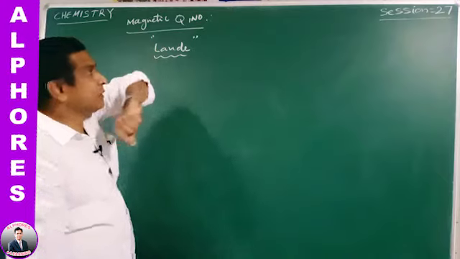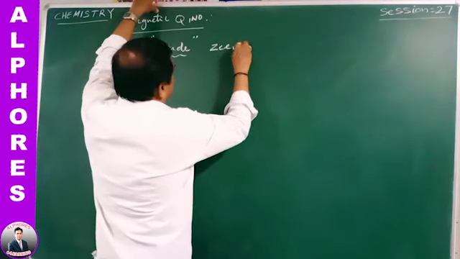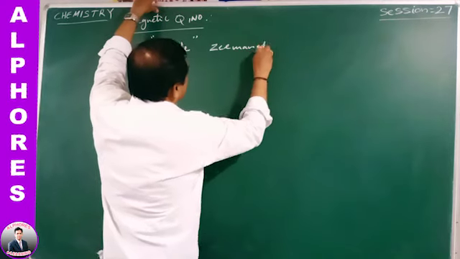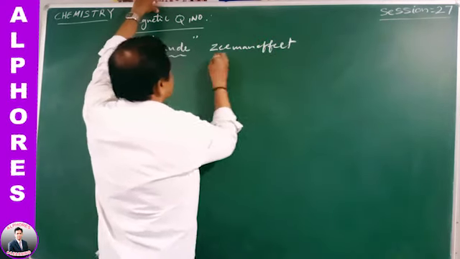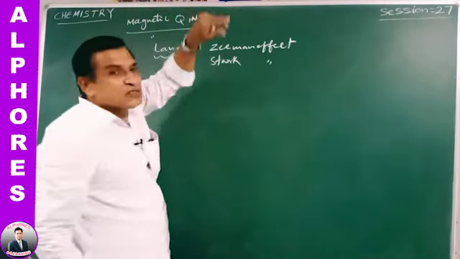Landé discovered the magnetic quantum number to explain the Zeeman and Stark effects.